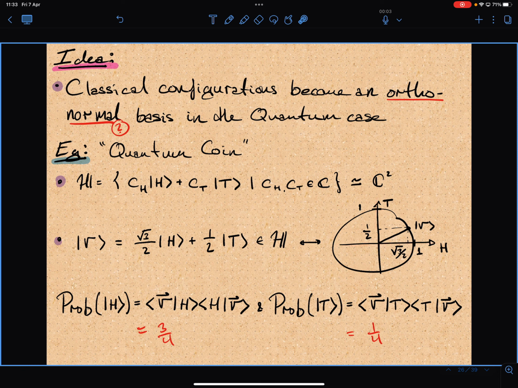So you have written that the configurations become an orthonormal basis, the classical configurations. The configurations that you had before, you had both P and Q. Yeah, that's in R3. So is it that a whole configuration has an orthonormal basis, or the elements in the configuration?